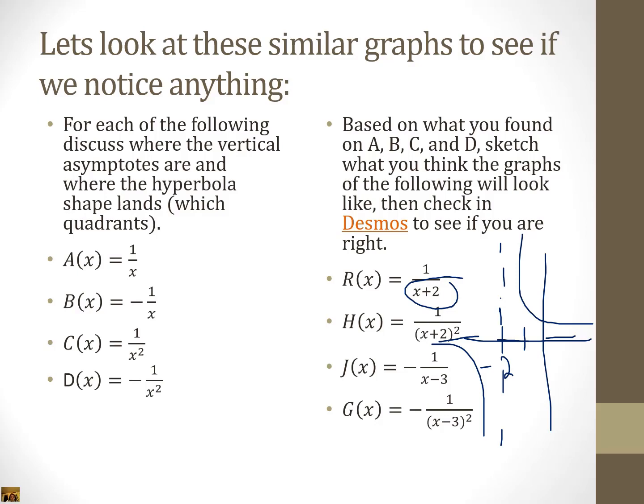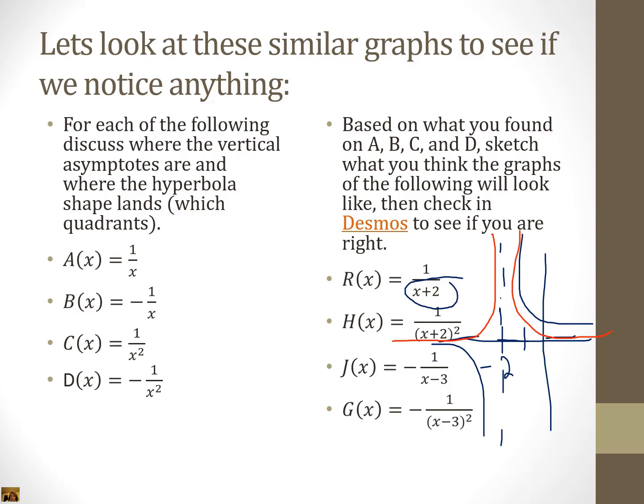Similarly, h of x is similar to c. So you still had a vertical asymptote at -2, but now because it's squared, rather than having your hyperbola shape in the bottom, both of them ended up being in the top. Now, I want to compare these two.